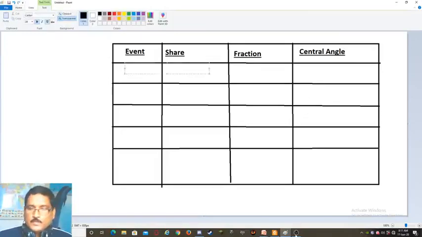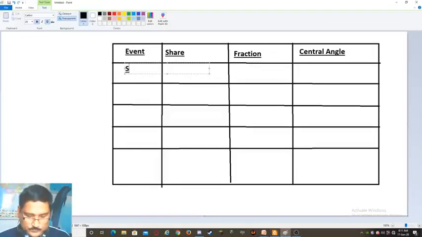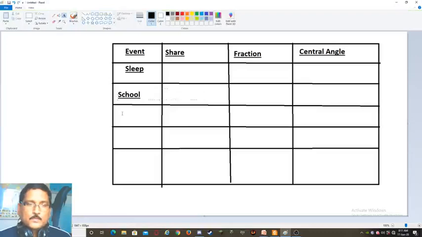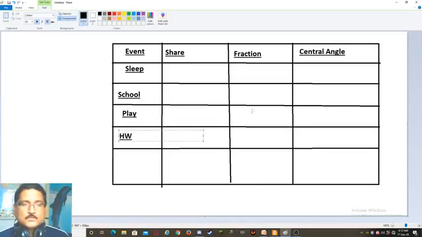What are the different items? Sleep, school, homework, play, others.